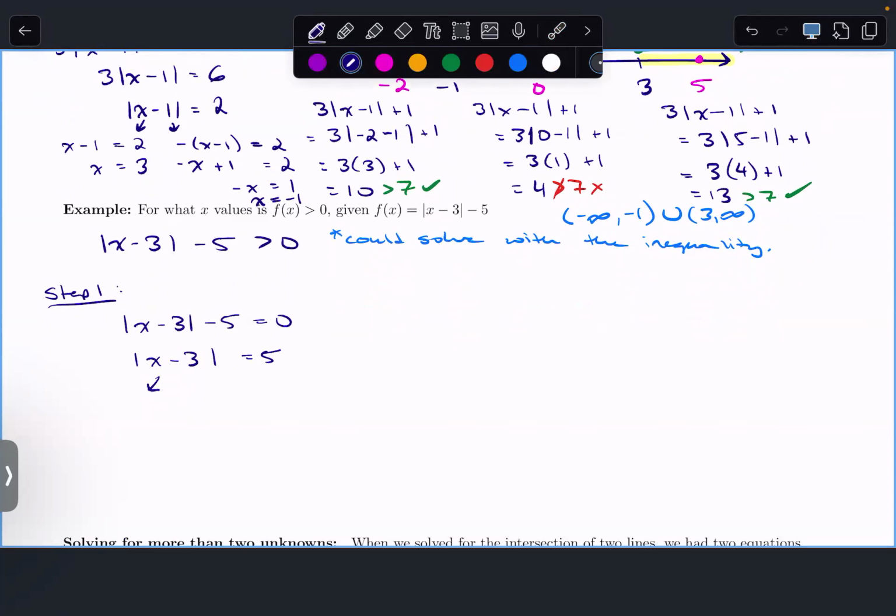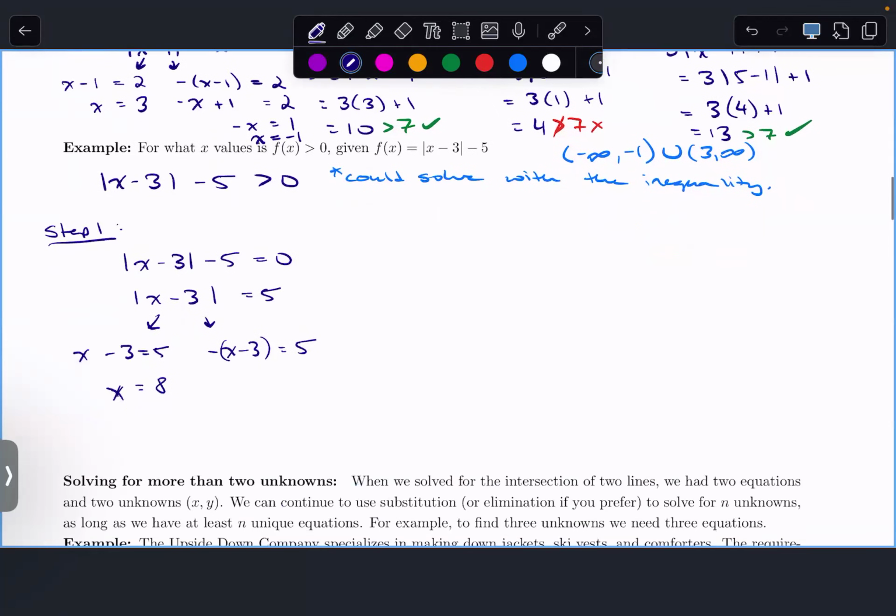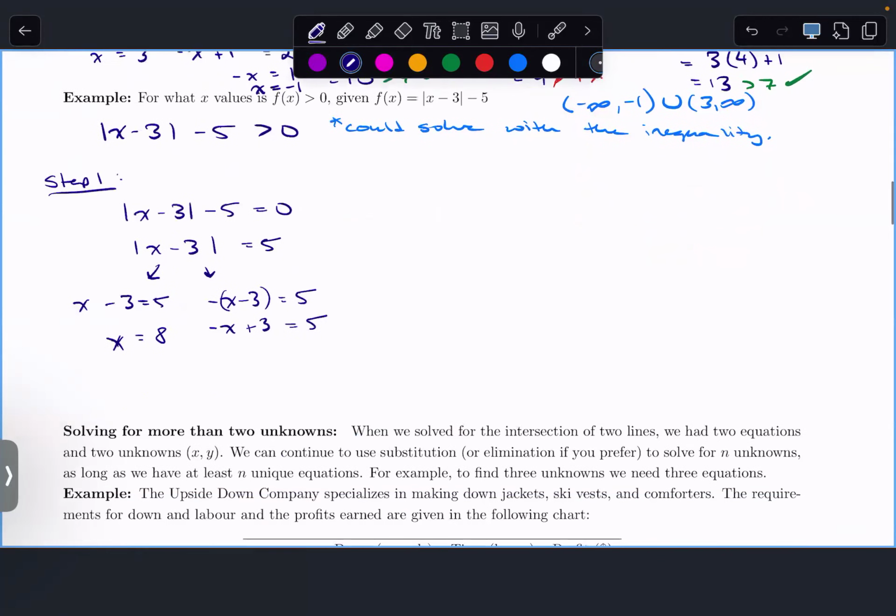So x minus 3 is equal to 5 means that x must be 8. And negative x minus 3 must also be equal to 5. Negative x plus 3 must be 5. So negative x must be 2. So x must be negative 2.